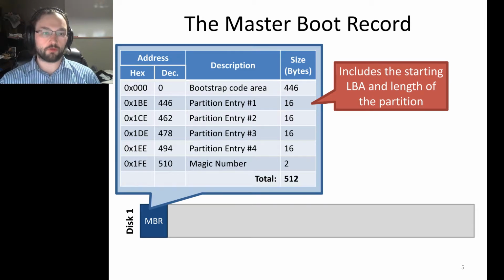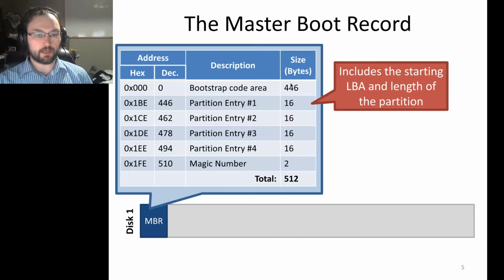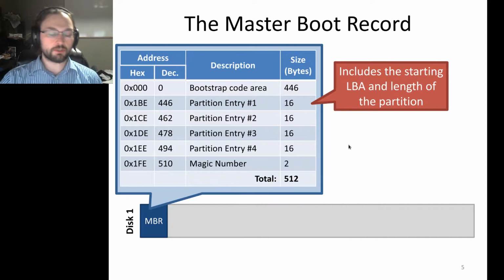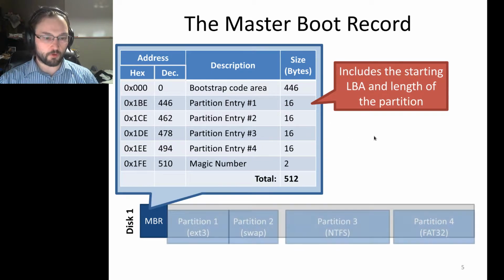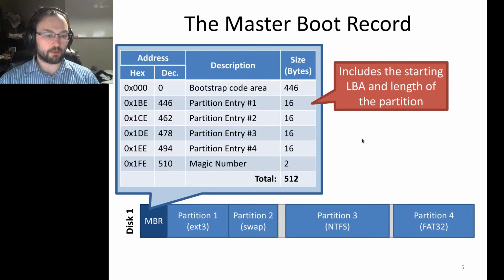That takes some trickery, but that's not the problem we're trying to solve right now. The other thing in this 512 bytes is hard-coded space for 4 partition entries. So we can split the disk up into as many as 4 partitions. There's ways to do extended partitions, which let us go over that limit of 4, but the master boot record has space for 4.